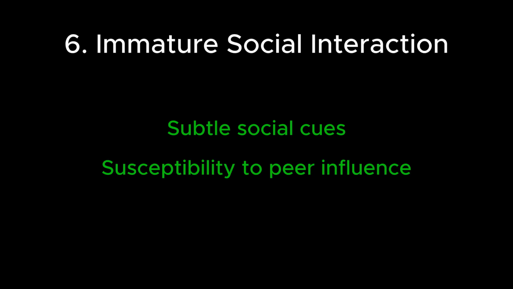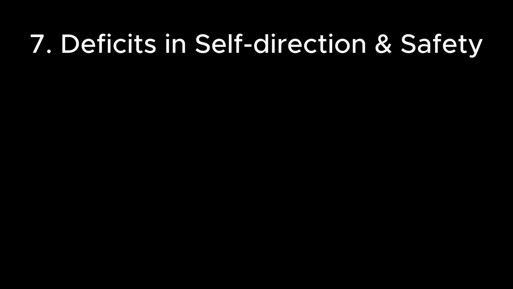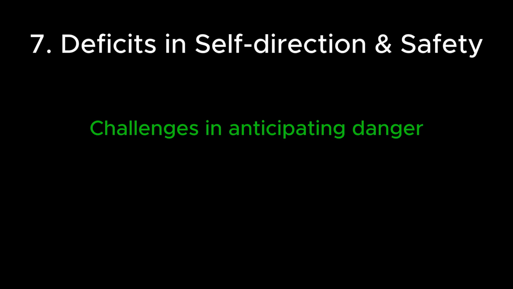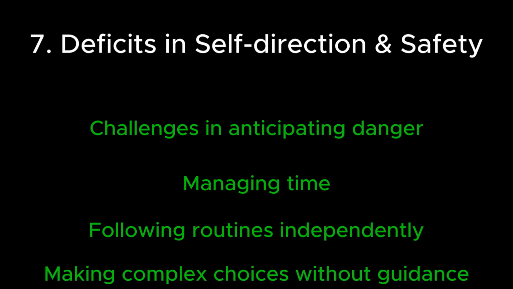Immature social interaction involves reduced awareness of subtle social cues, heightened susceptibility to peer influence or gullibility, and difficulty maintaining age-appropriate peer relationships. 7. Deficits in self-direction and safety result in challenges in anticipating danger, managing personal time, following routines independently, or making complex choices without guidance.